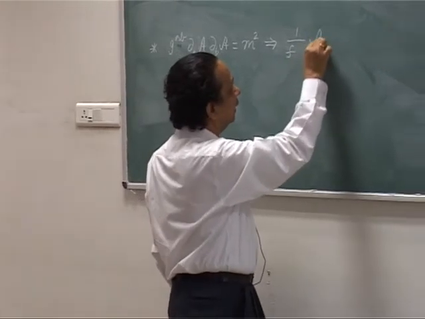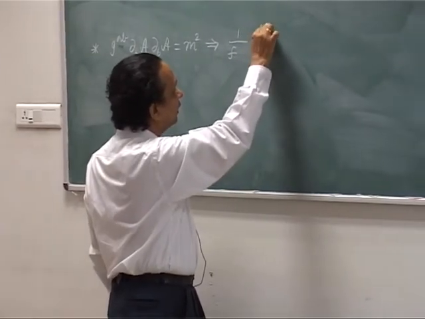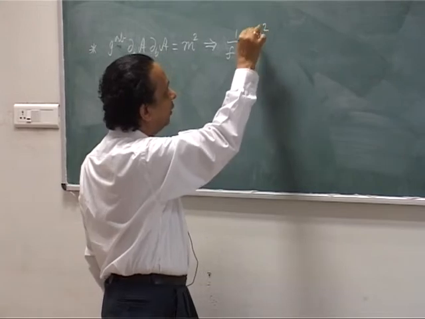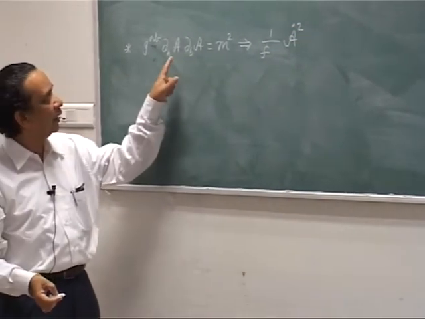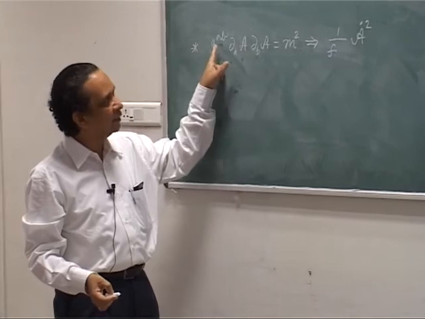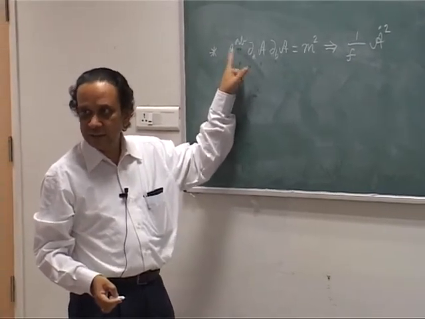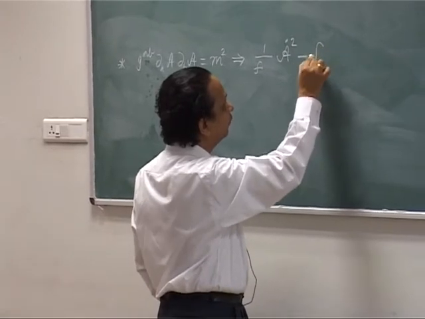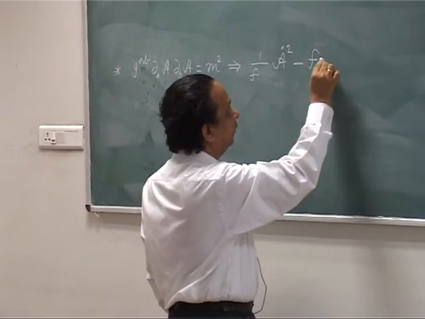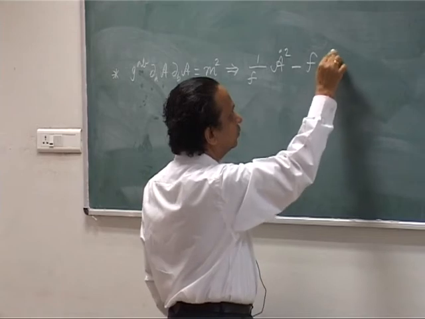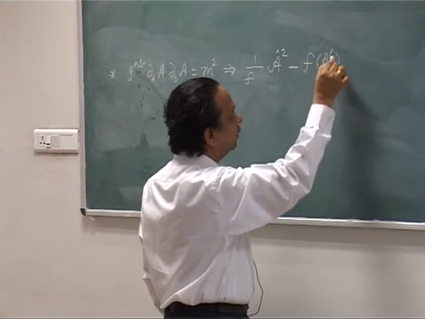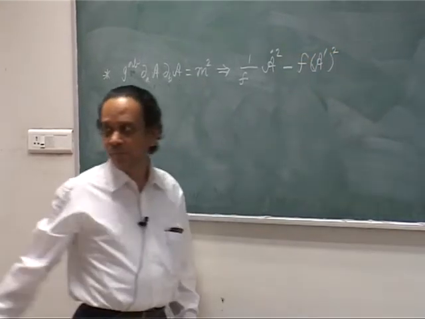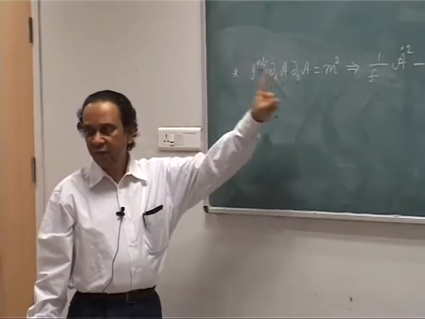Then the time derivative, dA by dt, the whole square. So, it is dA by dt, dA by dt times g^00, the first term in this. Then I will have similarly f times A prime square, where prime denotes derivative with respect to r. So, just make sure you understand how this is coming up.